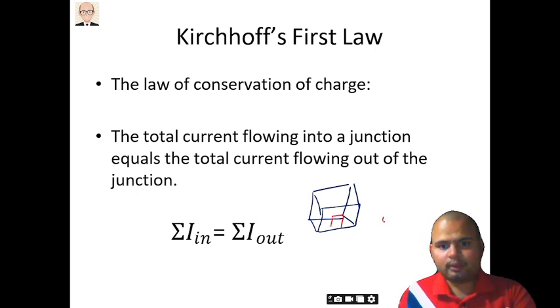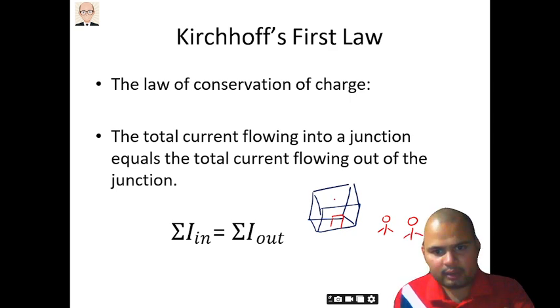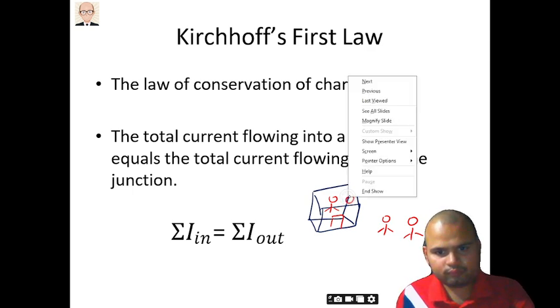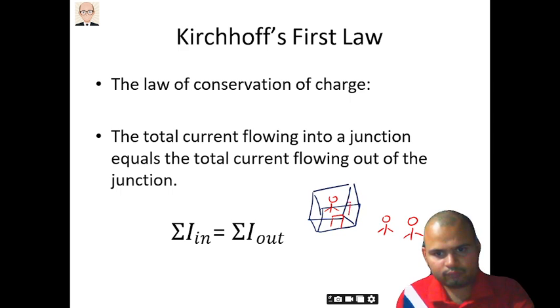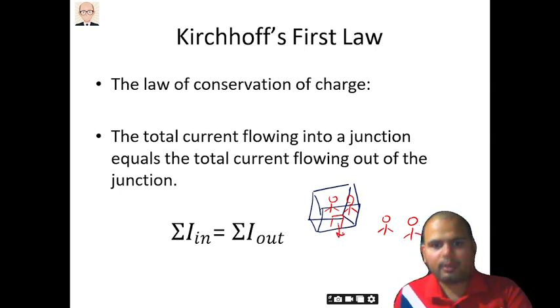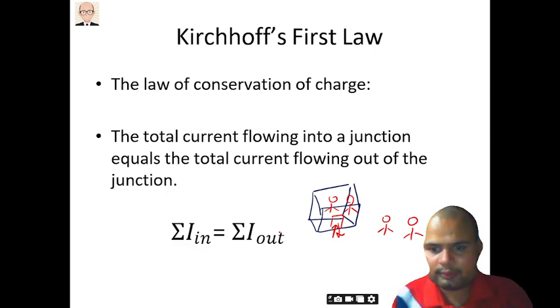There are two people here and also two people here. These two people will go out at the same time that these two people enter. So you can see the summation of current in and out will always be equal.